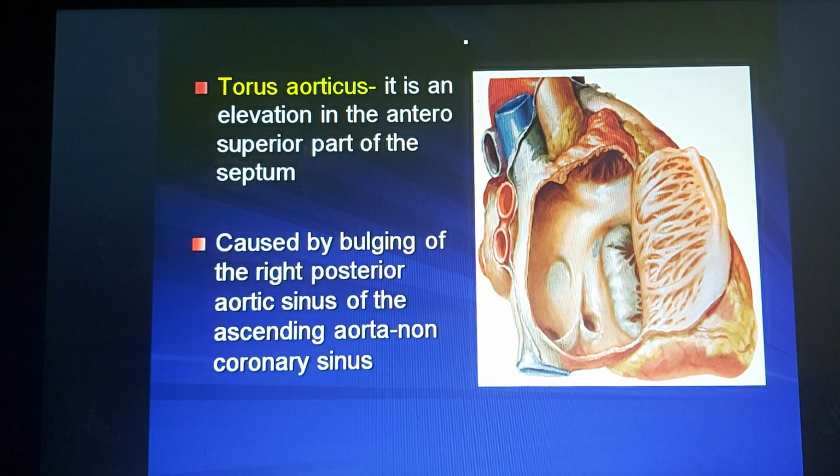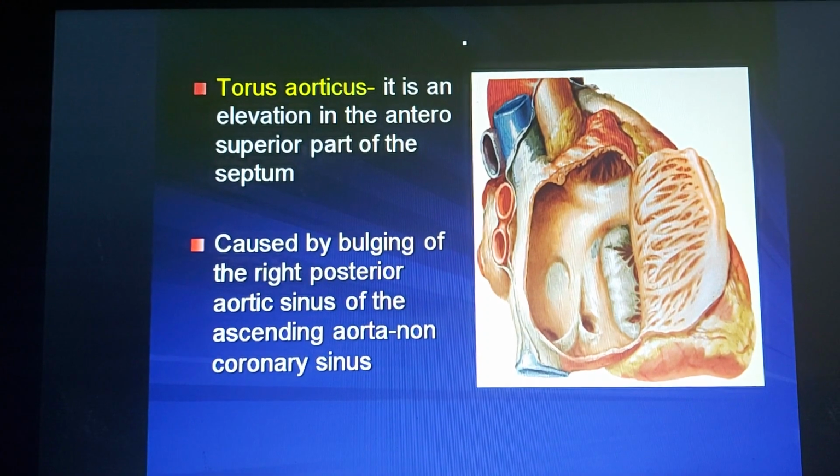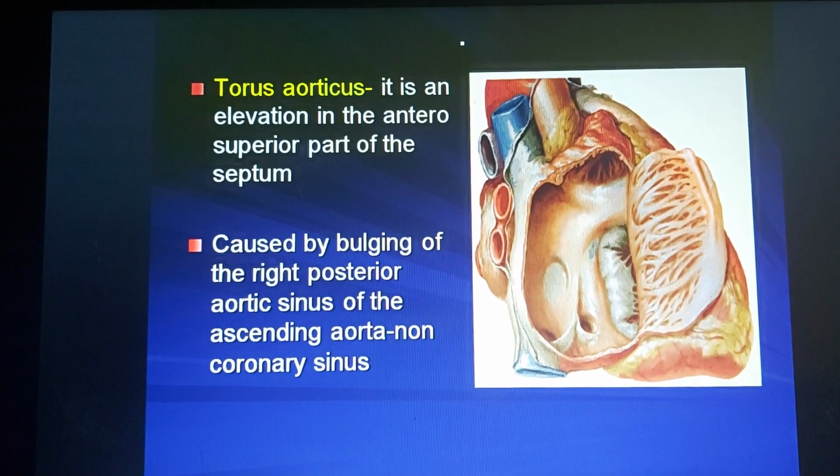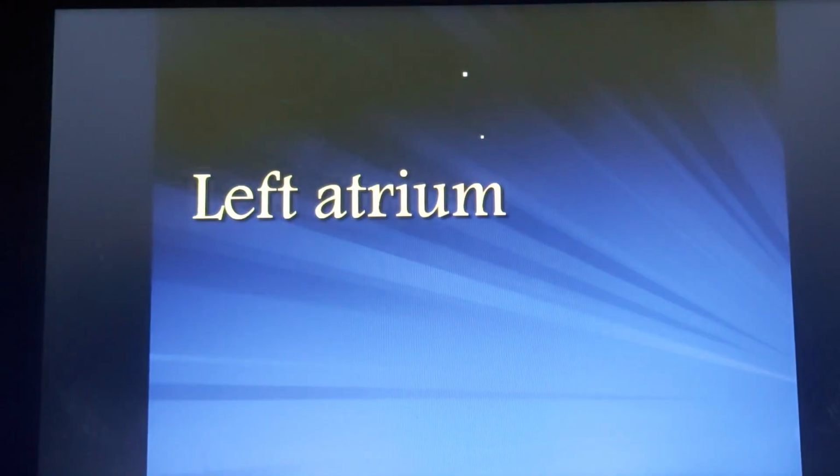So that is the torus aorticus. Coming to the left atrium.